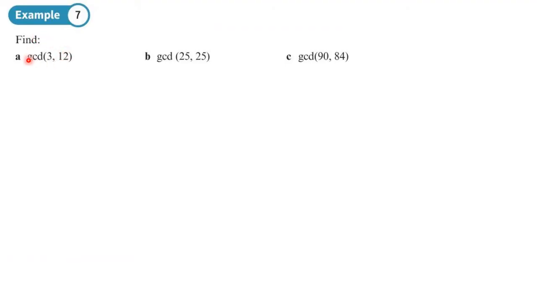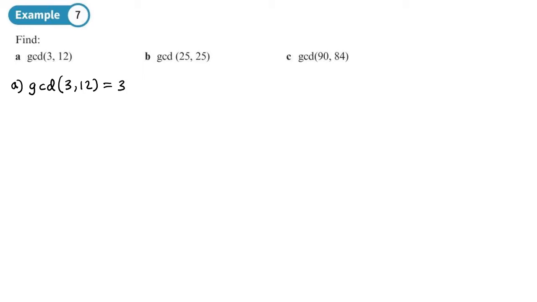Okay, so we've got 3 questions here where we're asked to find the greatest common divisor. Now we're not actually using the algorithm for these, we are just doing it by eye because we don't need an algorithm. I can see the greatest common divisor of 3 and 12 is just 3.